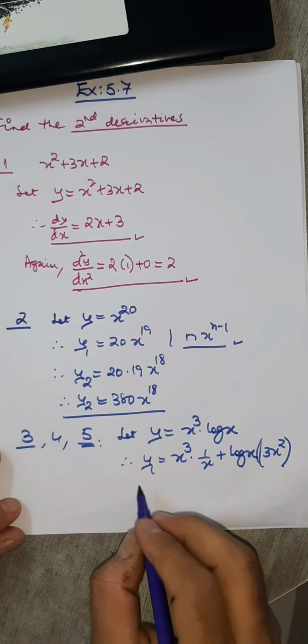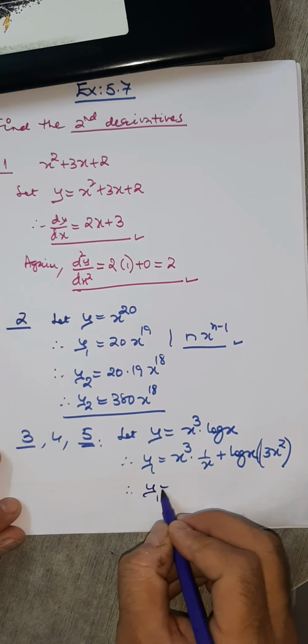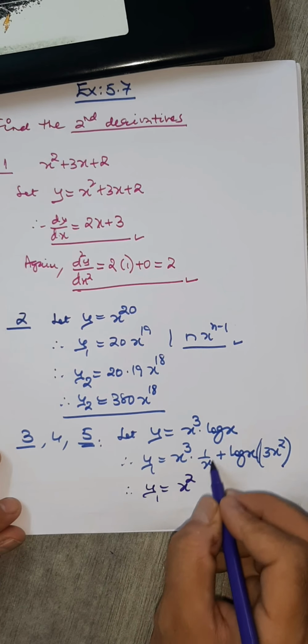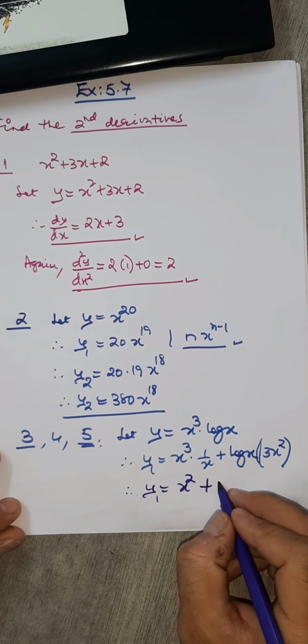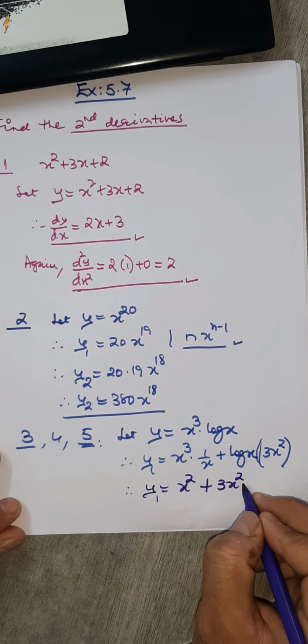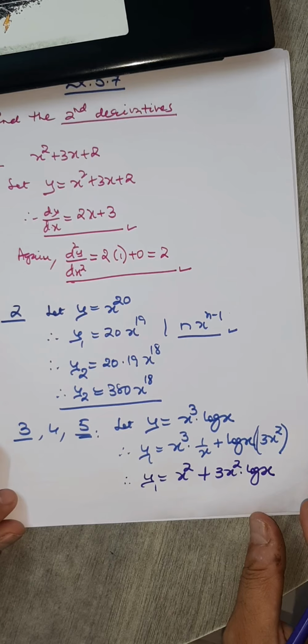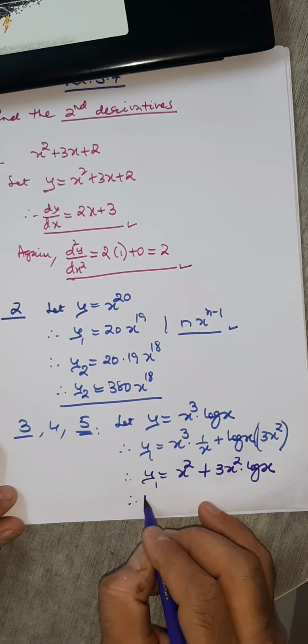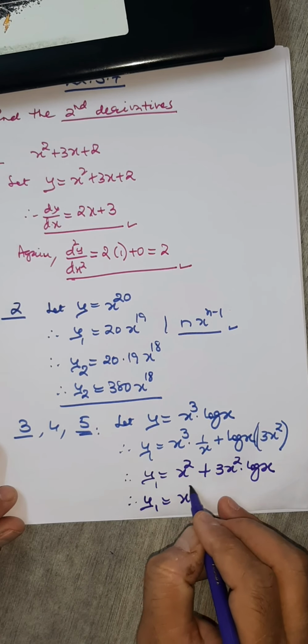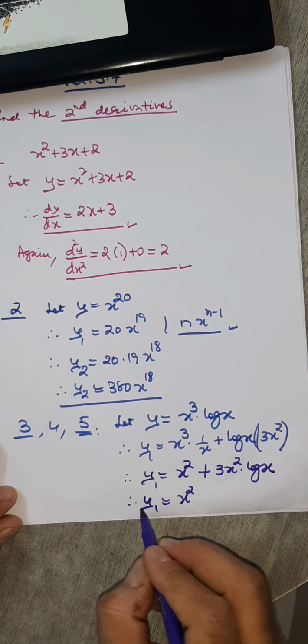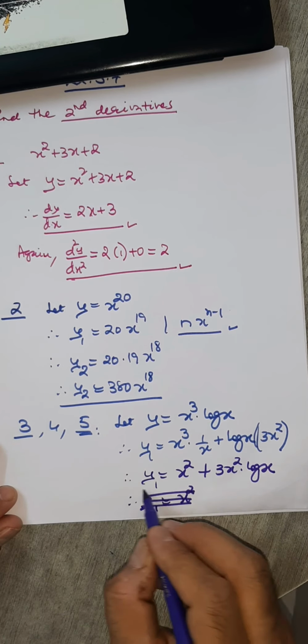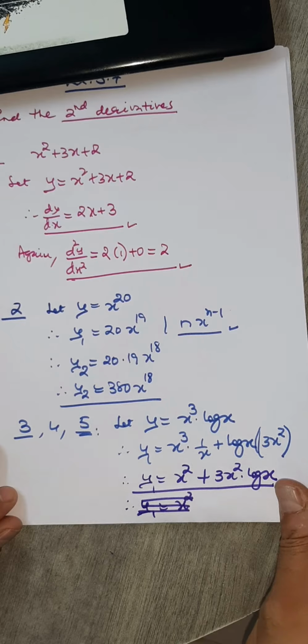So here, therefore, y1 equals x squared plus 3x squared into log x. If you want, you can take x square common here. Or you can continue as it is. Let me continue with this only, doesn't make any difference.